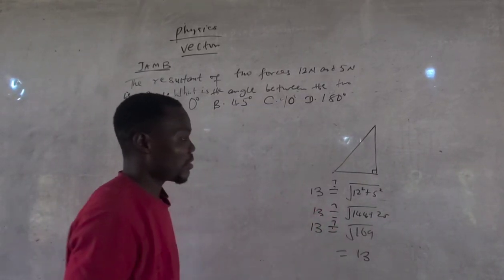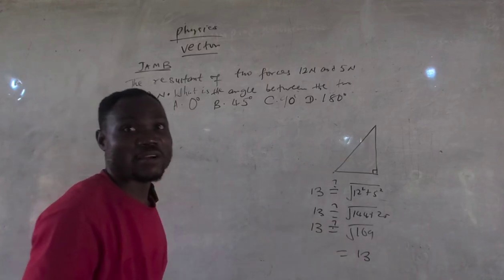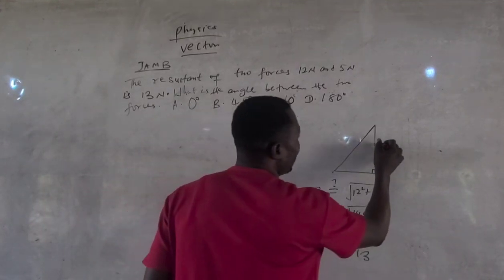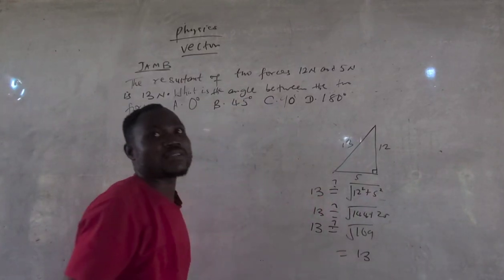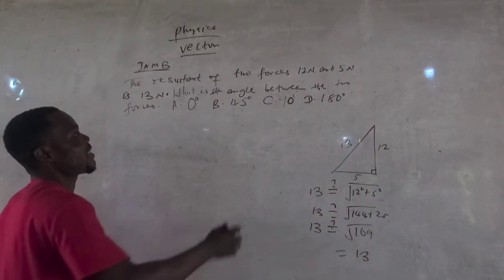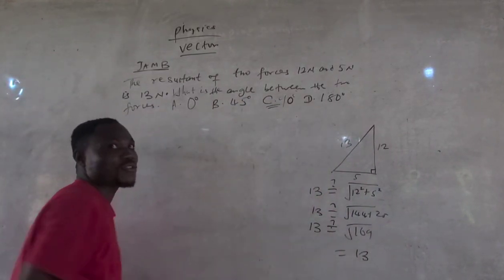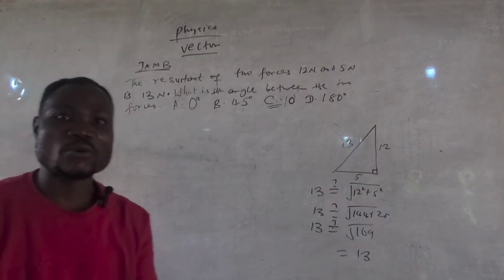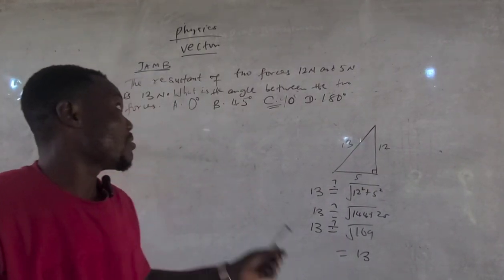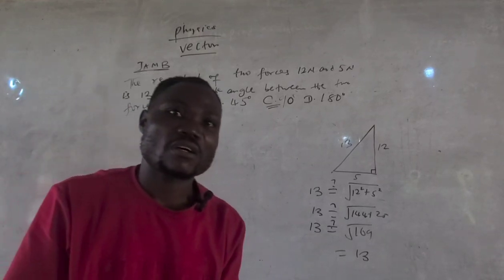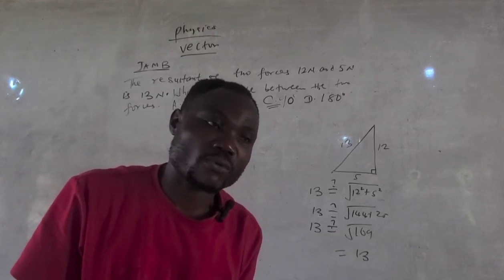So that means the three of them form a Pythagoras triple. That means if here is 12, here is 5, here is 13, the angle between them is 90 degrees. Do you understand? So this is how you can solve by inspection, using Pythagoras to find out if the three forces are a Pythagoras triple.